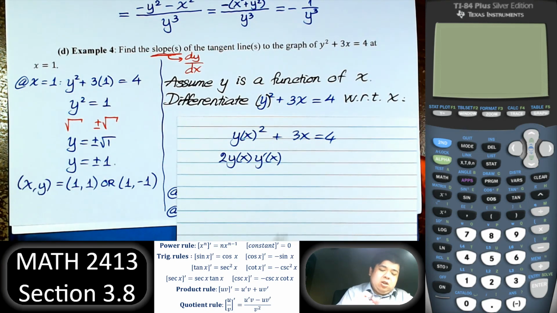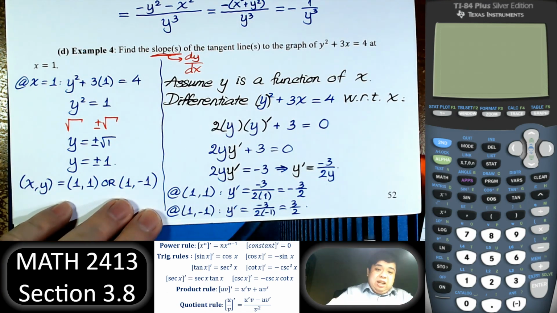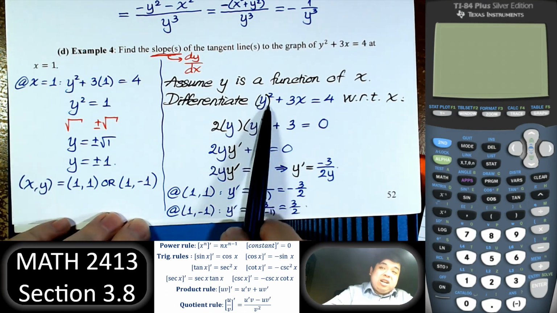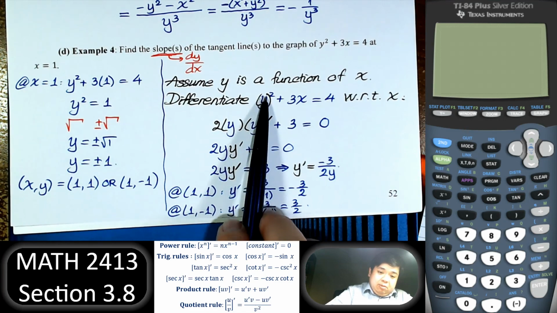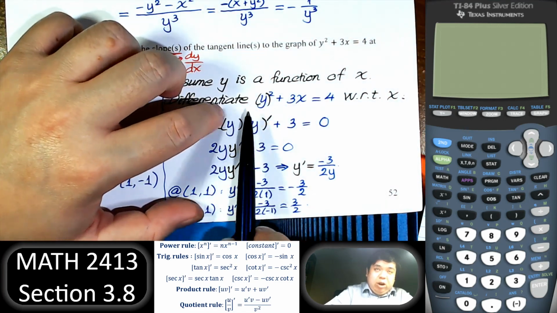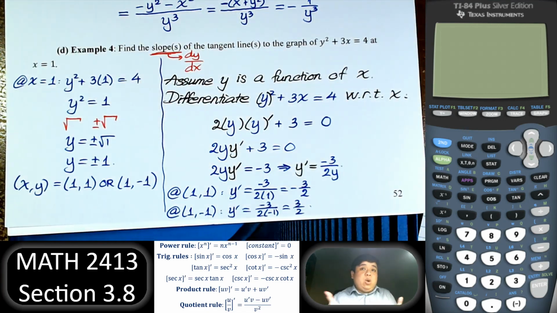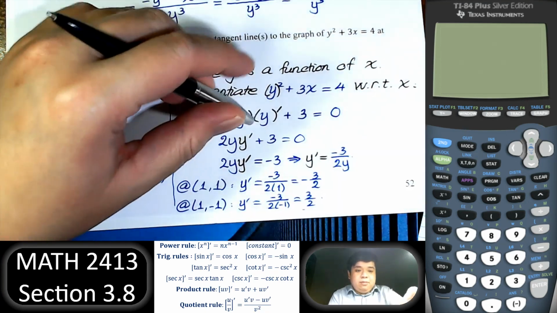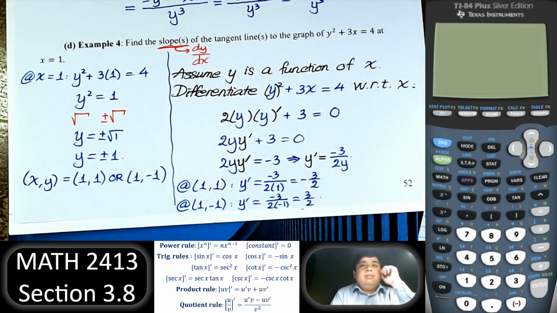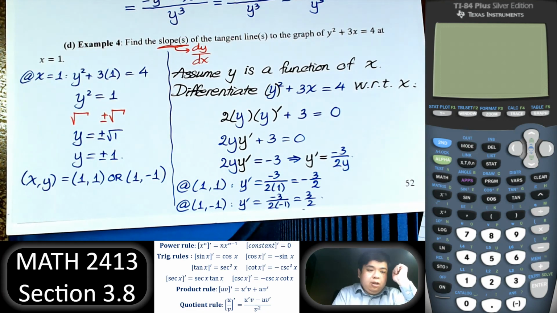So in that case, I just ignore the x. Assume y is a function of x and treat that as a function of x, so I put the parentheses around it, so it doesn't matter what is inside of it, it's still just the chain rule.